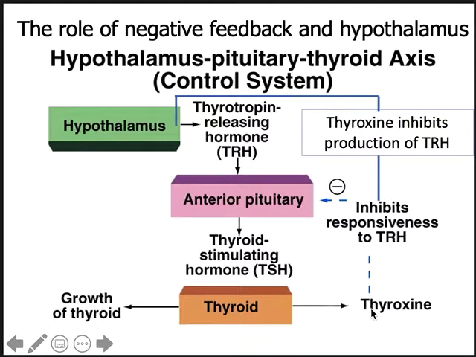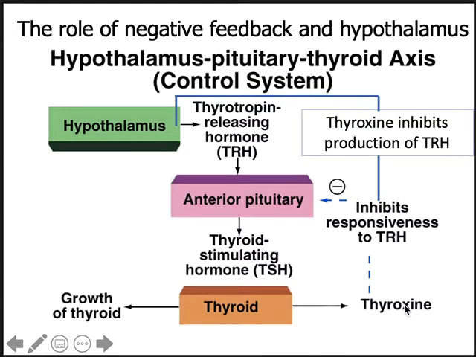And this is a really nice negative feedback system that it targets both, because I look at this in 2 ways. The amount of time it takes to inhibit the hypothalamus and actually decrease the hormone means that you already released the TRH and it's now acting and still having an effect.